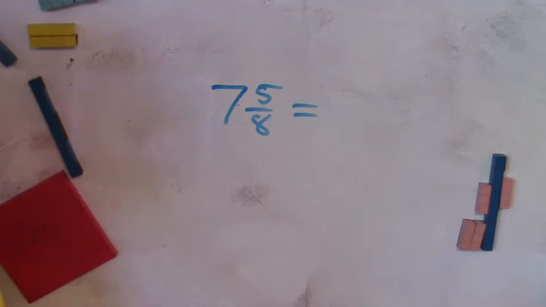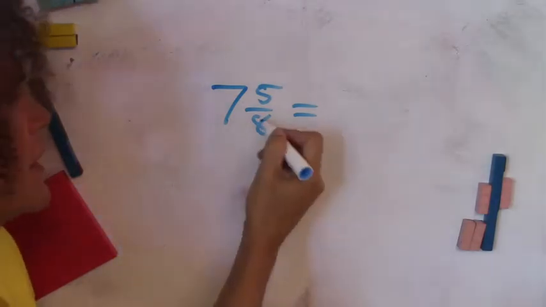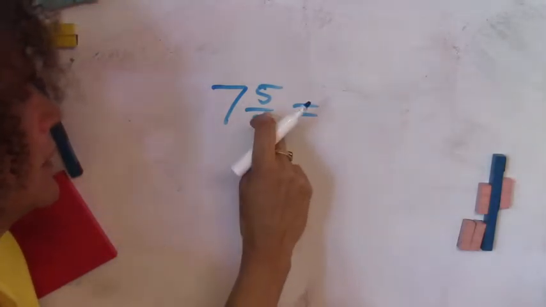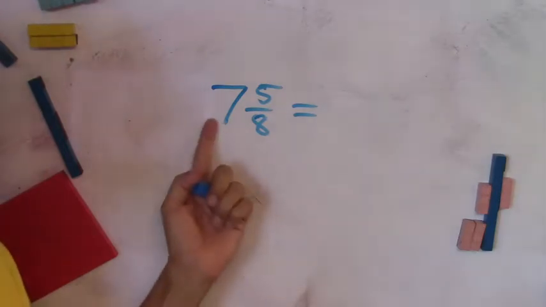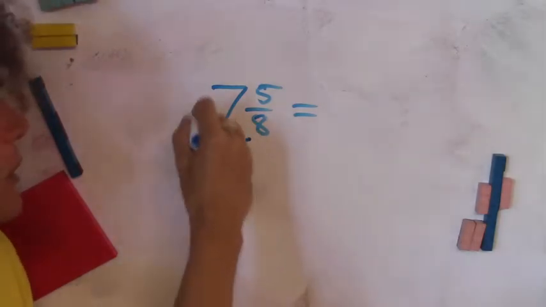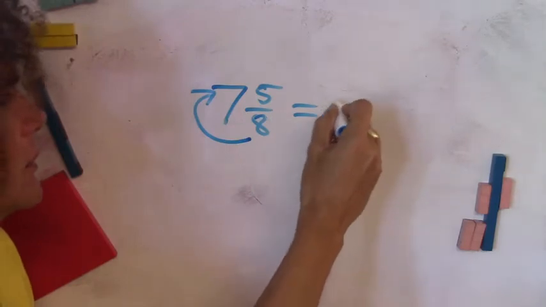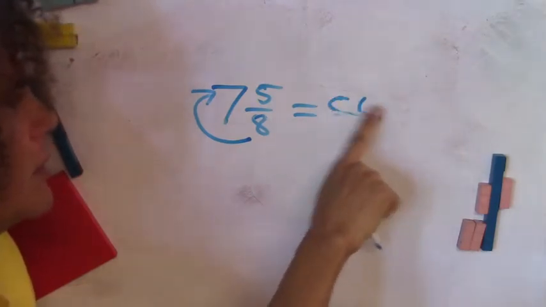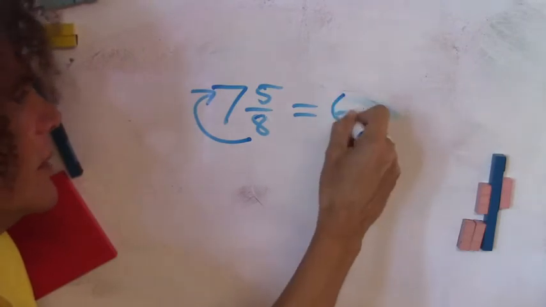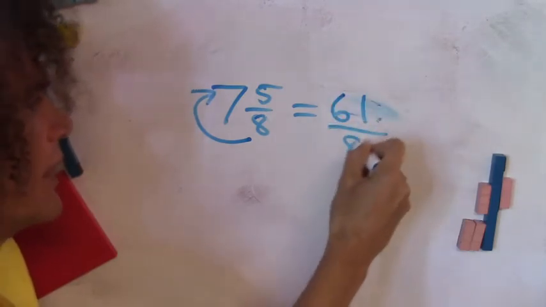To find the improper fraction, you multiply 8 times 7, which is 56, plus 5, which is 61. Excellent. 61 over 8. That's what we're counting by.